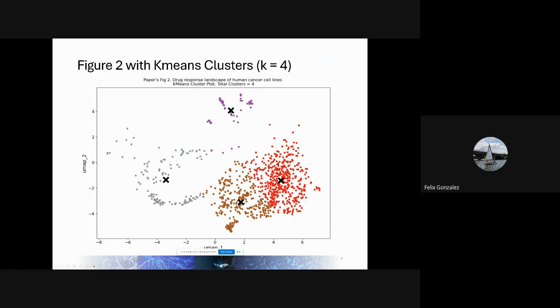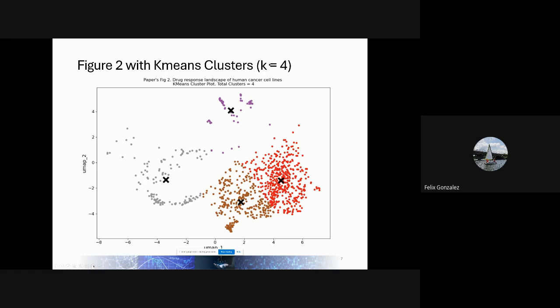K-means is one of the algorithms that is centroid-based. Basically it iterates through the data, and depending on the number of clusters that you specify, it calculates the most optimal distances between the 4 centroids and the neighboring points. So you can see it has this cluster here, this gray cluster here, another cluster here, and this other cluster here.